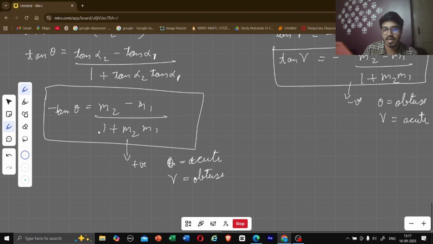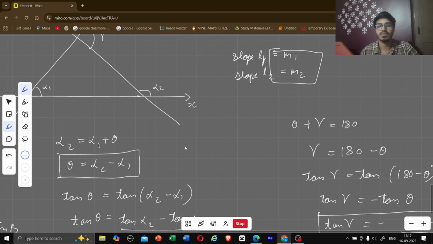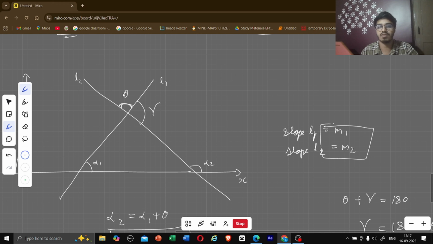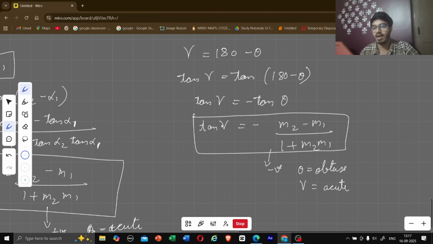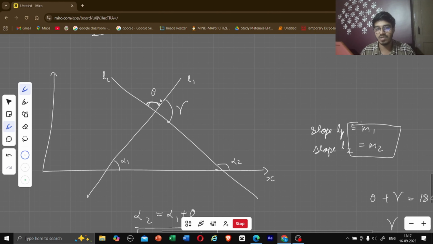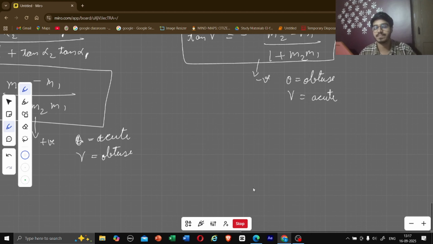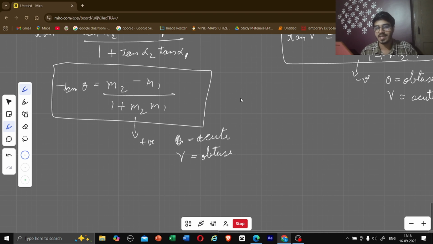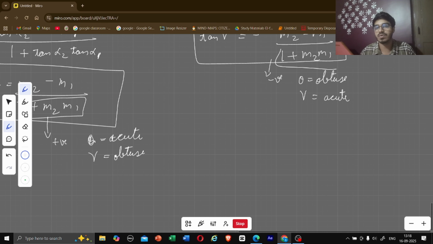So here, if the answer is positive, this theta will be acute, and this will be obtuse. And when you find the answer is negative in this formula, then theta will be obtuse and gamma will be acute.